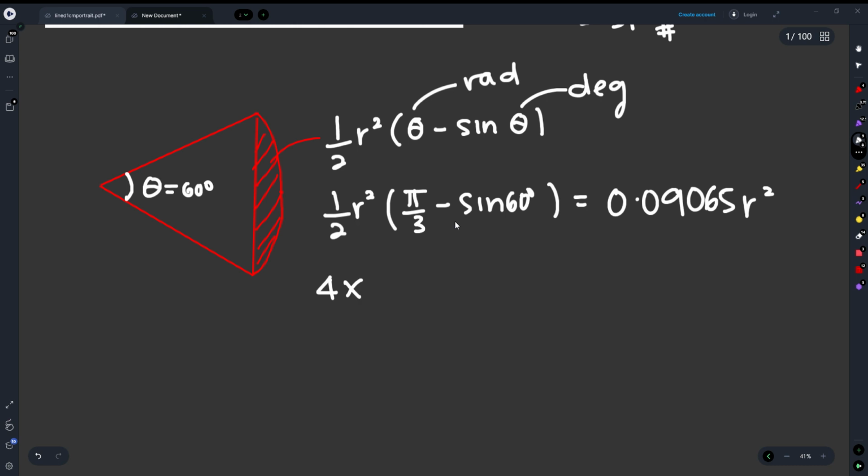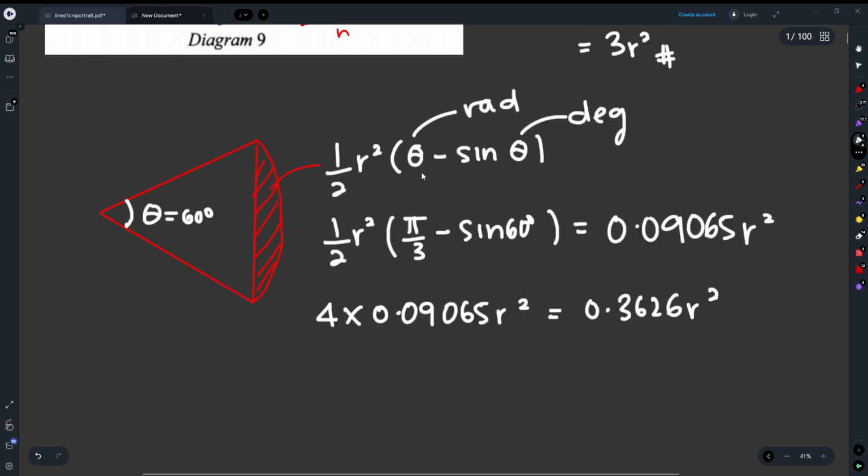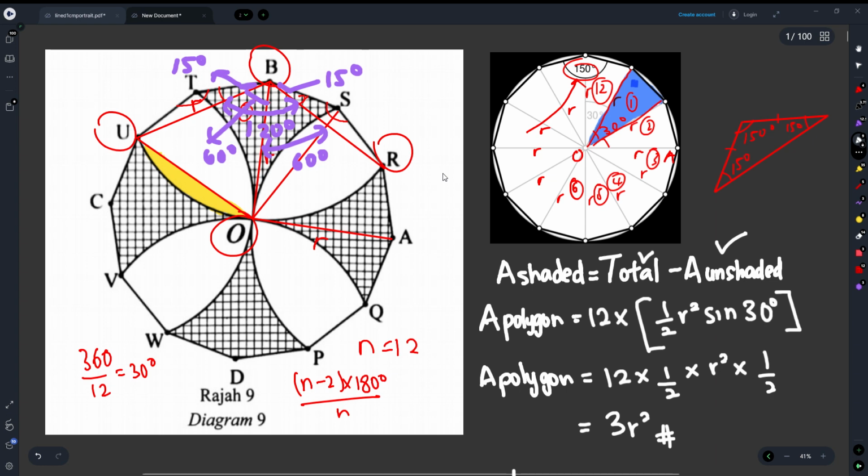In total we have 4 segments like this, so 4 multiplied by 0.09065 r square, you will end up getting 0.3626 r square. Okay, so how many segments do we have? Actually not 4, we actually have 8. I'm very sorry, we have 8 segments. You know why?